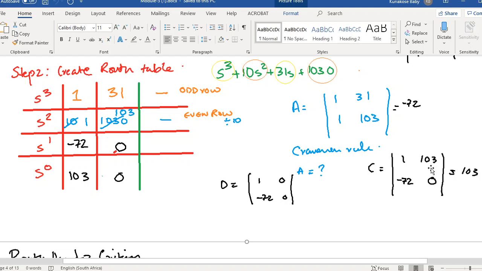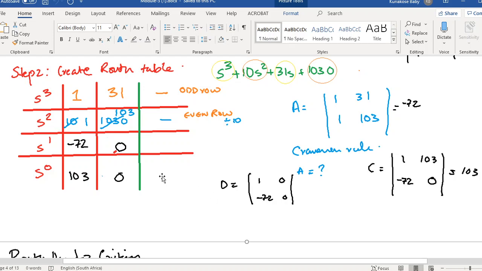The formula that we have is B into C, which is 103 into minus 72, minus A into D, which is 0, the whole divided by minus 72. So it will be 103 into minus 72 divided by minus 72, which will be 103. Therefore, I get this value of 103 at the first cell of s raised to 0.